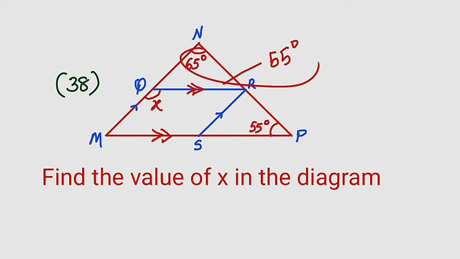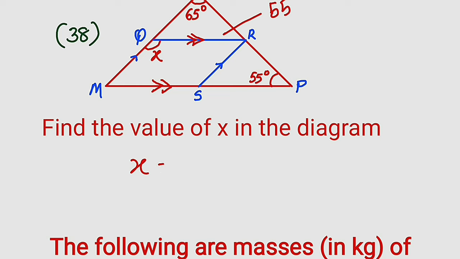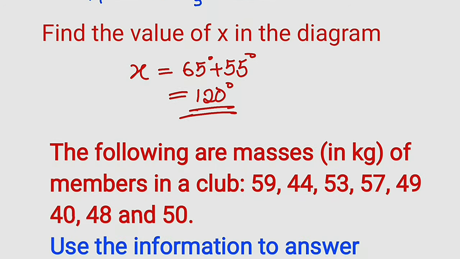So once you add these 2 angles together, it is going to give you the exterior angle. Therefore, x is equal to 65 plus 55, and this together equals 120 degrees. As simple as that. Therefore, angle marked x is 120 degrees.